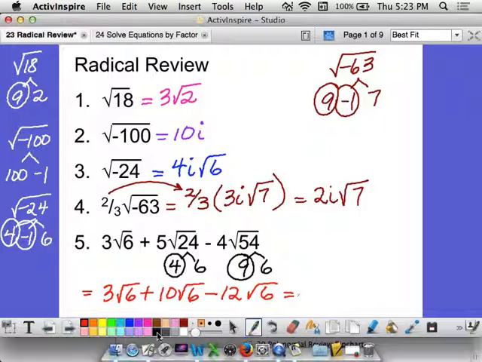So when I go to add, here's what I add. 3 plus 10 minus 12 is going to be 1. So this is going to end up being 1 square root of 6. You can only multiply and simplify underneath the radical. You cannot add or subtract. So that kind of touches base with the basic radicals.